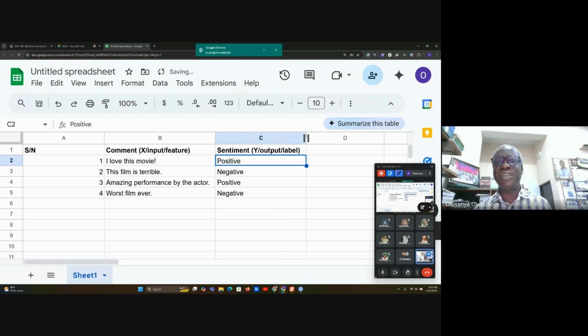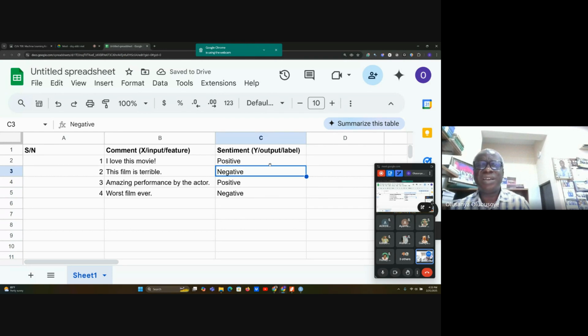So it means in this case, we can call positive the label assigned to "I love this movie." We can say negative is the label assigned to "This film is terrible." So label and output mean the same thing. So that can help you to understand.